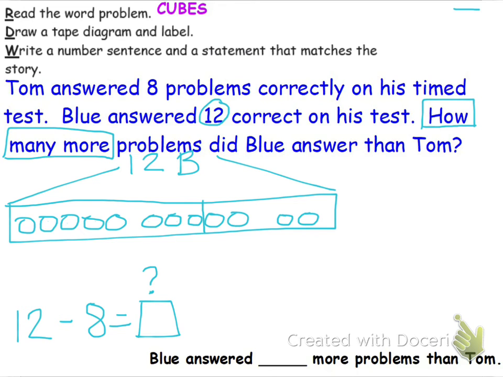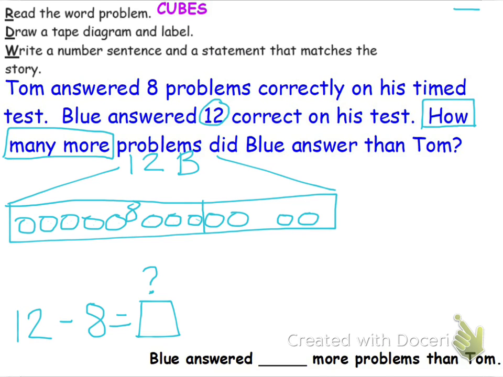That line is to separate your two parts, so that line in between is very important. Once you cross out or count 8, put a line separating those 8 so they're by themselves, making that one part. I'm going to double check and recount to make sure that 8 is one of those parts: 1, 2, 3, 4, 5, 6, 7, 8. So good. Now I'm going to write 8 inside the box.